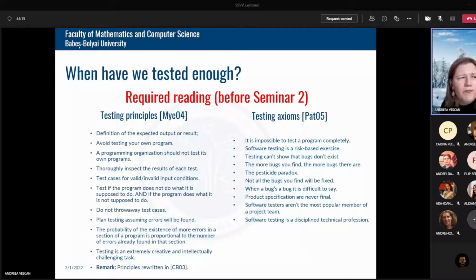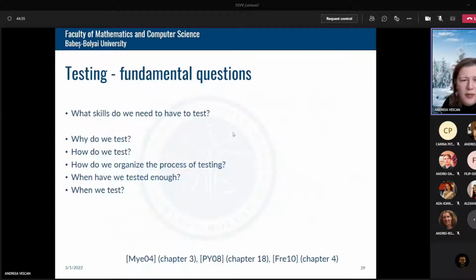It will improve your way of thinking about testing and let you see more details, because, as I told you earlier, we can discuss testing for hours. So I will provide you the pages, and please make sure that you read them before the seminar.